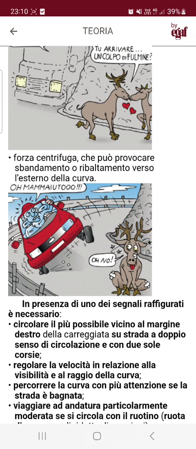When you see this sign, you should always regulate your speed in relazione alla visibilità, which means in relation to the visibility, and the raggio della curva, which means according to the curve.